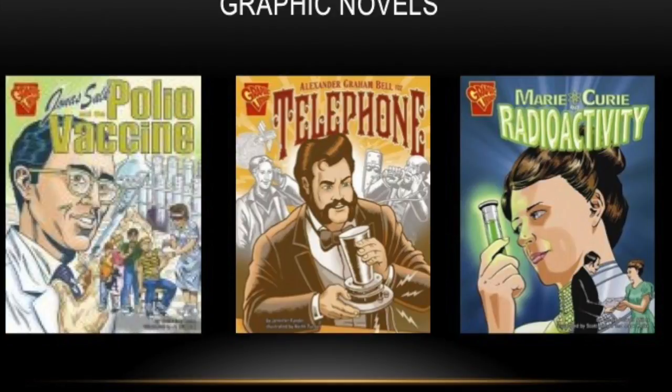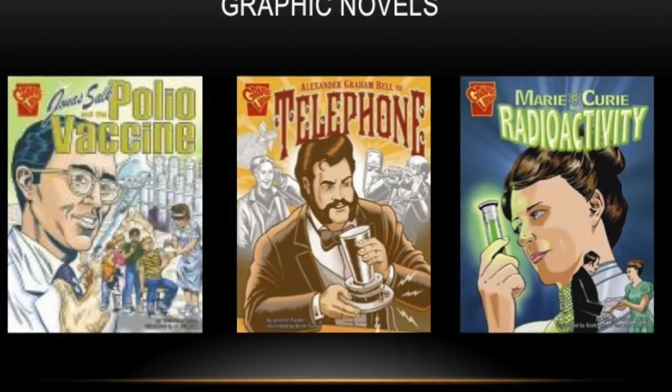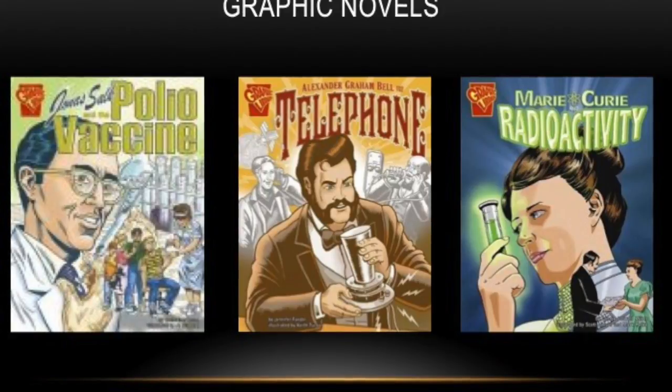The final area that I wish to explore in further detail this year is graphic novels. My students don't have a lot of experience with graphic novels from what I've seen, and I know this because in bringing Coraline to my classroom a couple weeks ago and reading it, the girls were absolutely mesmerized by it.